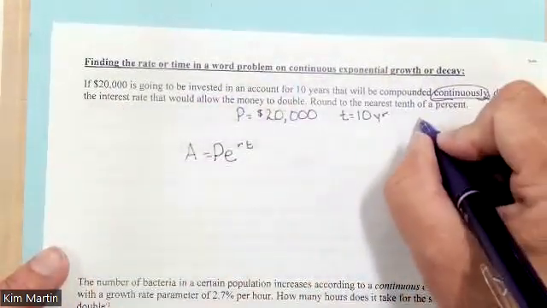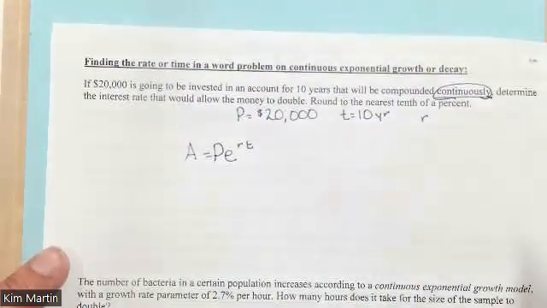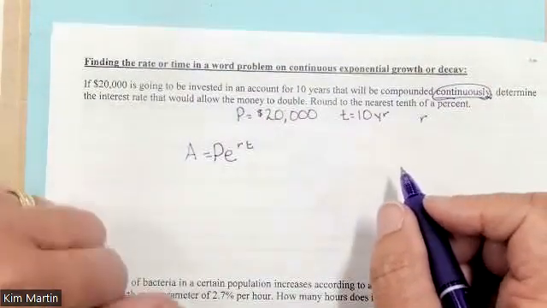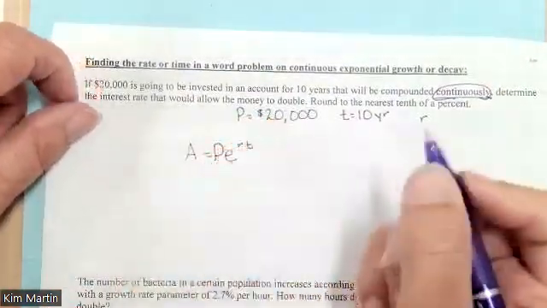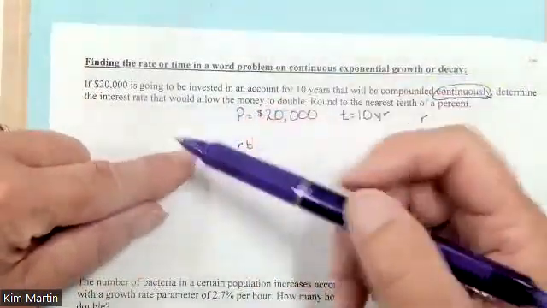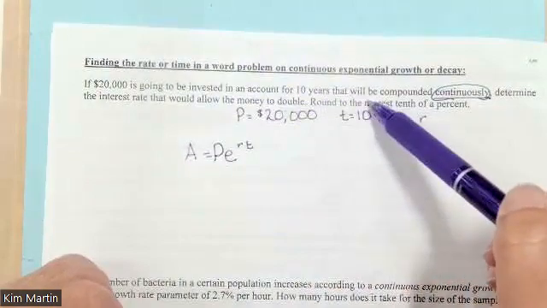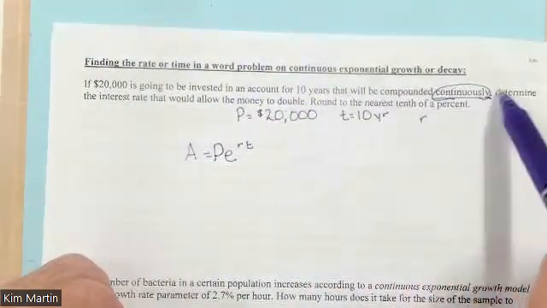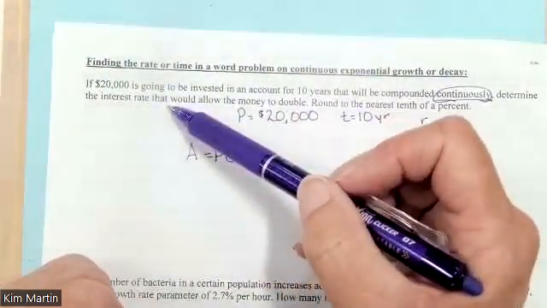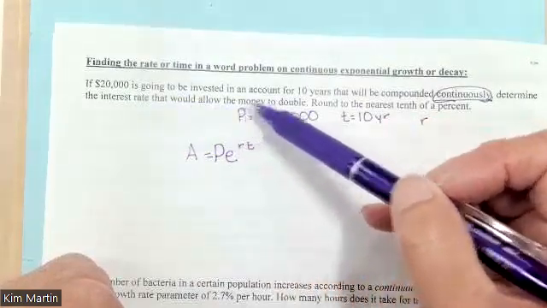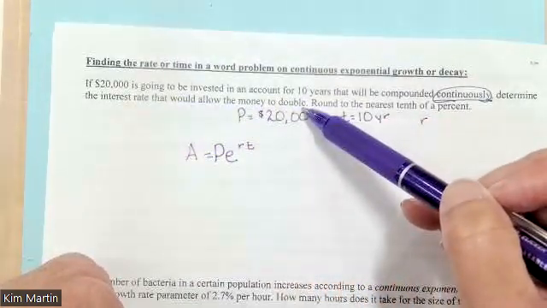So we are trying to find R. We don't know. Let me read this again. If 20,000 is going to be invested into an account for 10 years that will be compounded continuously, determine the interest rate that would allow the money to double.